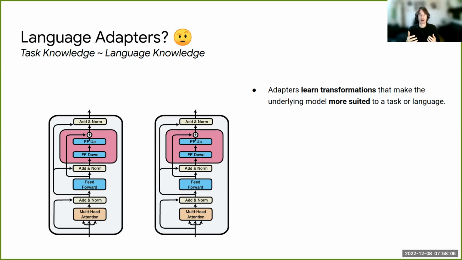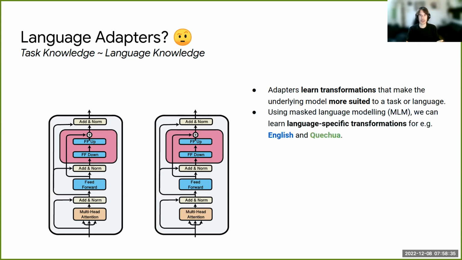And those language adapters could then skew the model in a good way from a general multilingual model to that particular language if we are processing instances in that particular language. So the task in this particular scenario is not any task with supervised data, but it's a standard masked language modeling task that is operating on that particular language.